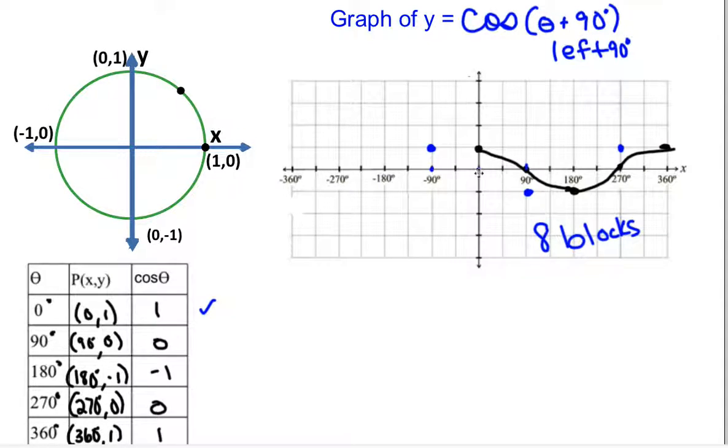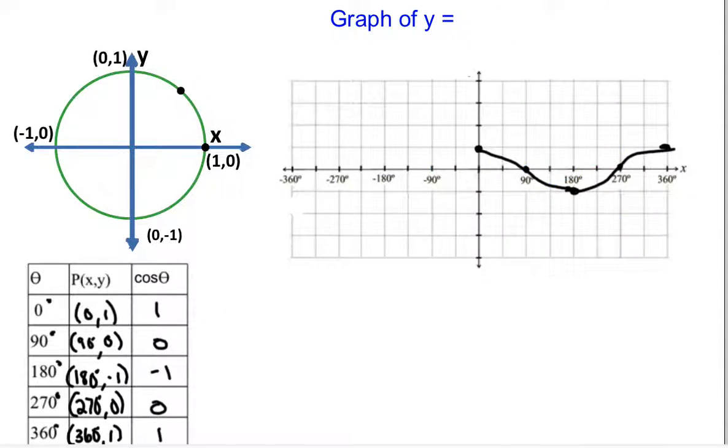And then in between the other two, it just goes back to 0. So this is going to be my cosine function with a shift left 90, because we always do the opposite, which makes that -90.